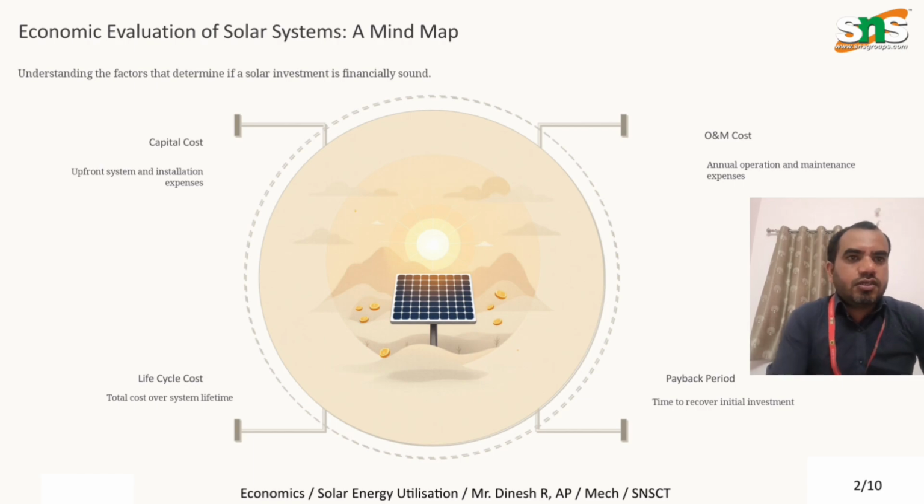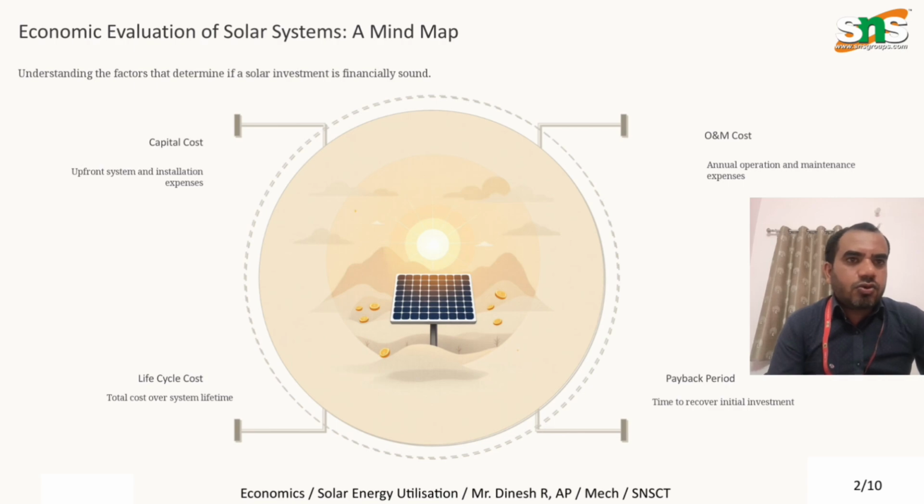The next one is life cycle cost, the total cost over the system lifetime. For example, I have purchased a solar water heater. Its lifetime is 10 years. The total cost over the 10 years is calculated, and that's what we call life cycle cost.